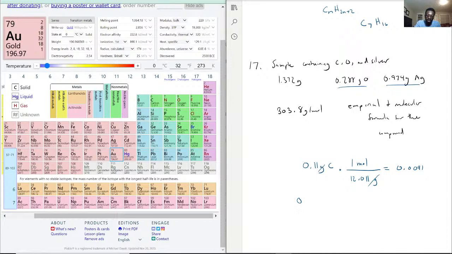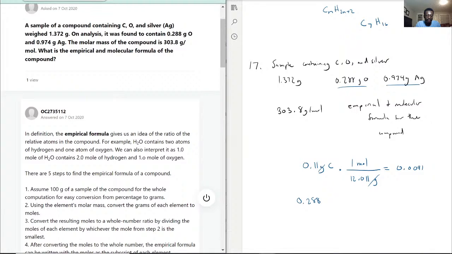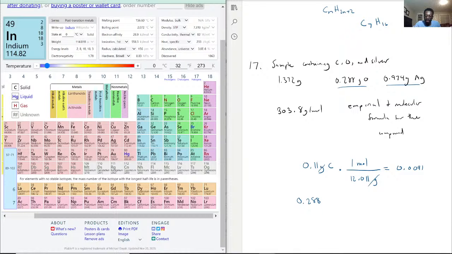Now for the oxygen, 0.288 grams of oxygen, divided by 15.999. Why did I not use double? Because we can't assume that oxygen comes in pairs, since we don't know the constitution of this molecule.